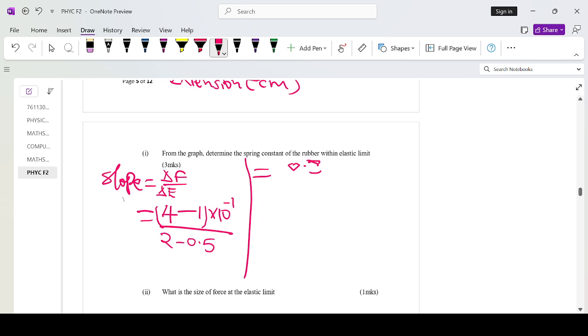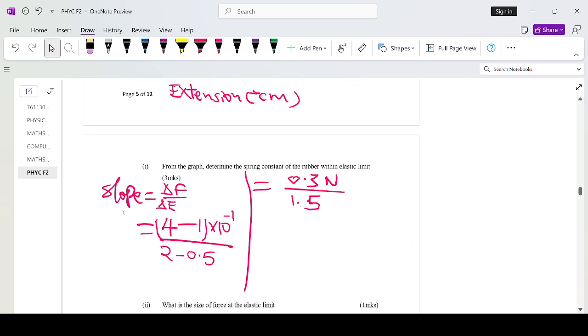That's force, so that's newtons, over 2 minus 0.5, that is 1.5 centimeters, right? Because extension was in centimeters.